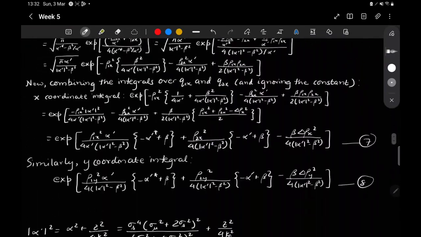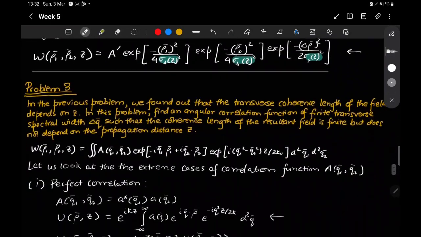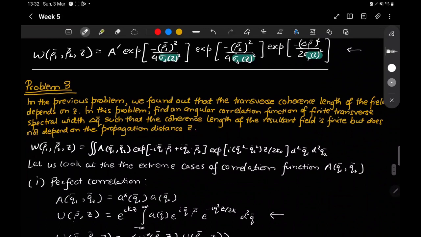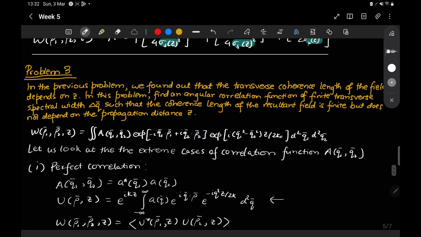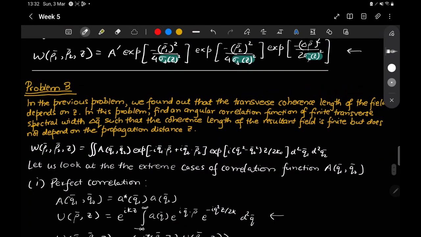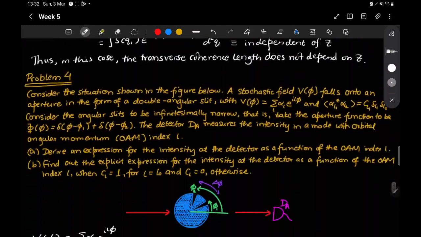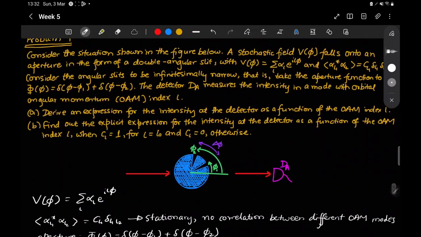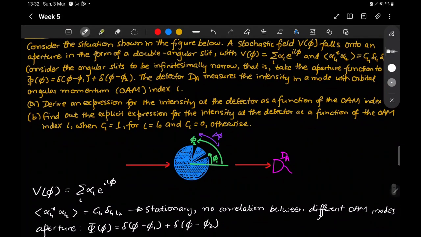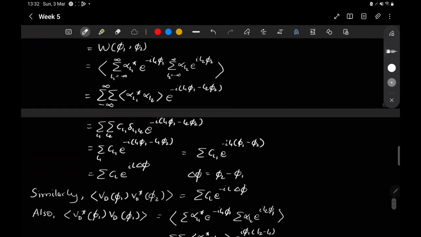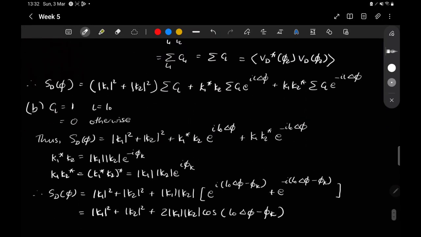And then we had to solve these questions which we solved today, which involved finding a particular condition in which the transverse coherence length would be independent of z. And finally, the angular double slit interference and the intensity at the detector as a function of the orbital angular momentum index L. Now we can proceed to the new problem set.